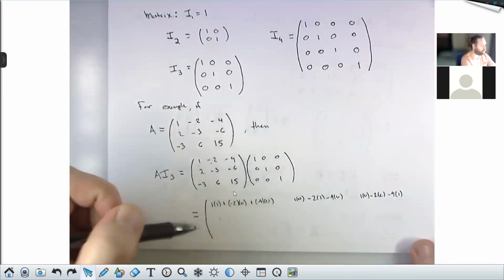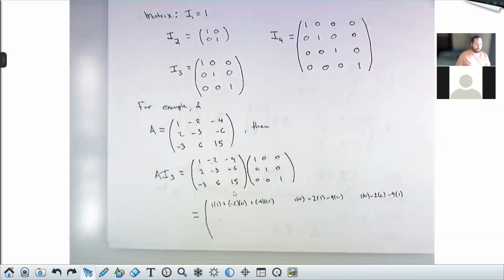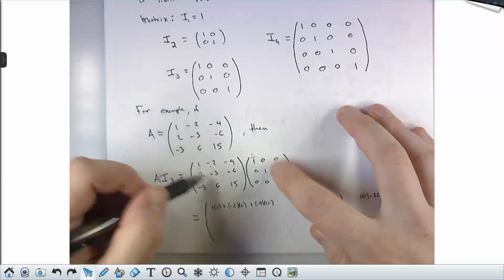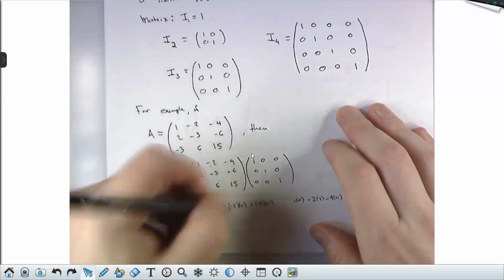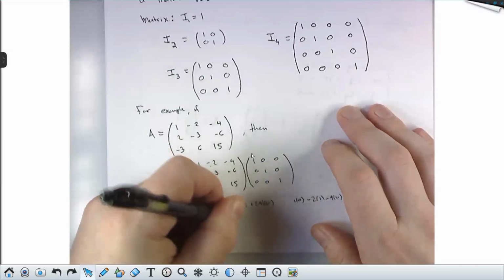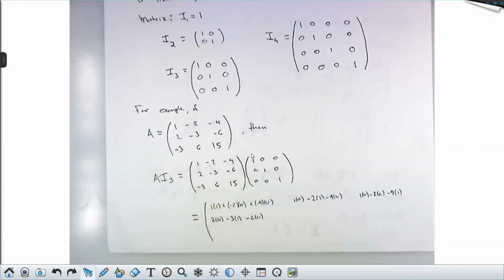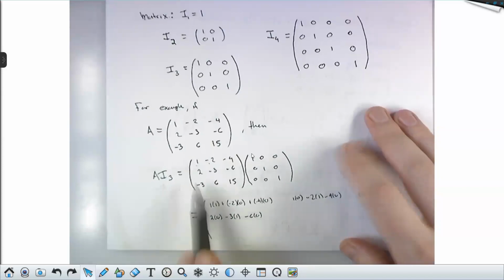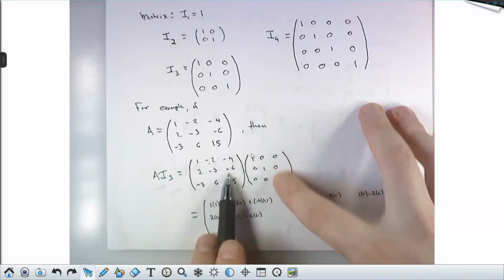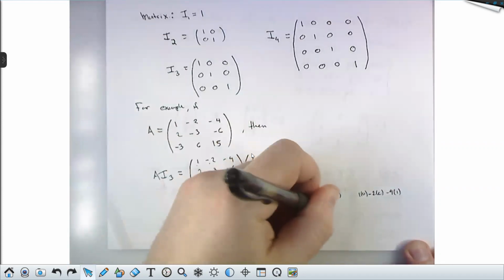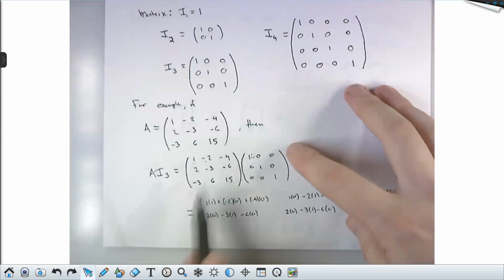If I want to know what goes in the 2, 1 position, second row, first column, I take the second row of A and the first column of the identity. So that's 2 times 0 minus 3 times 1 minus 6 times 0. In the 2, 2 position, I would take the second row, second column. That's 2 times 0 minus 3 times 1 minus 6 times 0. And in the 2, 3 position, I'll take the second row, third column.